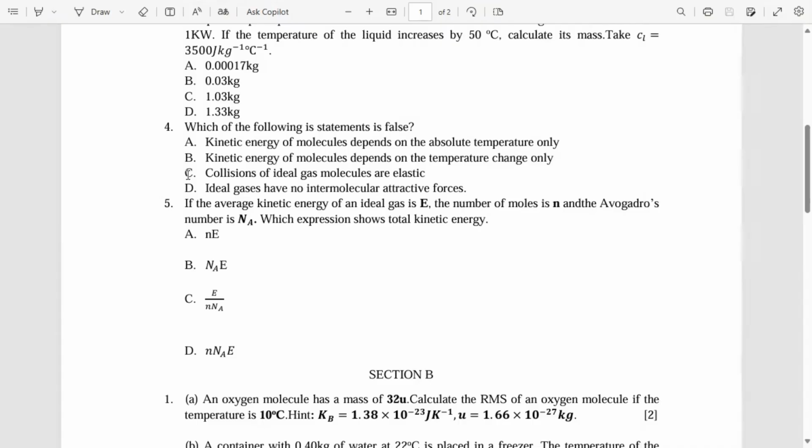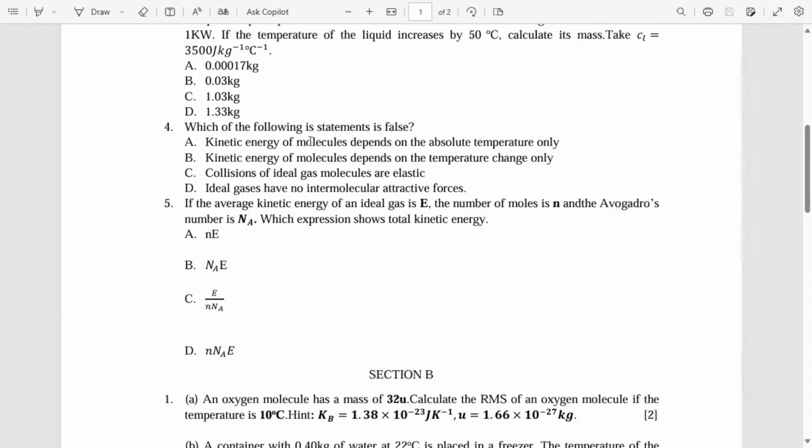What about option A? Option A is saying the kinetic energy of molecules depends on the absolute temperature only, and this is also true. I explained yesterday that, according to the kinetic theory of gases, the average kinetic energy of an ideal gas molecule is directly proportional to the absolute temperature in Kelvin of that gas.